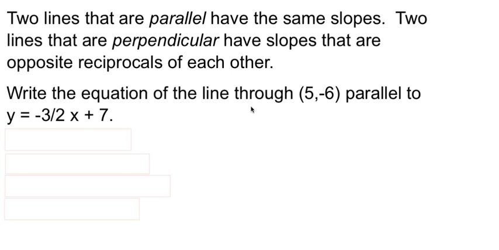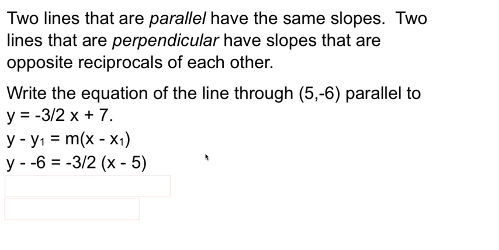Well, parallel tips me off to something. Parallel lines have the same slopes. So I need the slope of this line. The slope of this line is -3/2. And I've got a point, 5, -6. I can plug those two in. y minus -6 equals -3/2 times x minus 5.